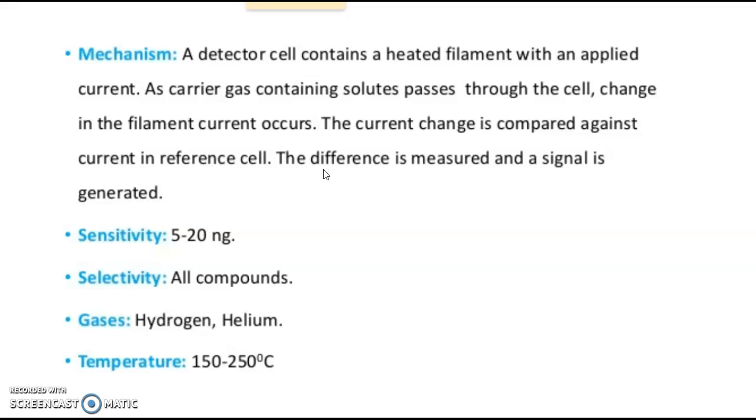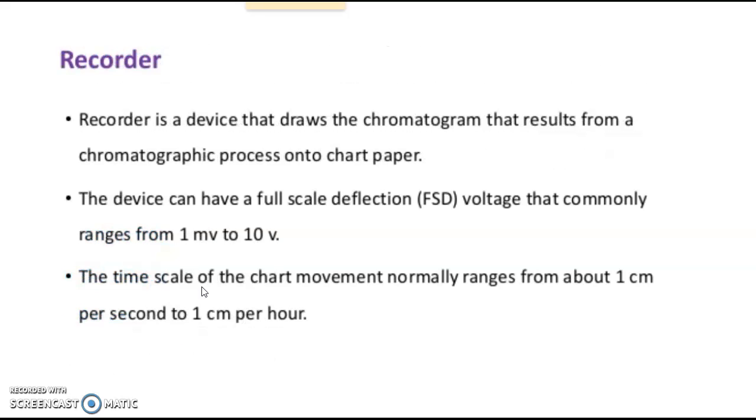So by referring to a standard, we are giving an actual result. This is the sensitivity range and the selectivity, gases, and temperatures used. Next one is the recorder. The recorder is a device that draws the chromatogram, which gives the results, and they are recorded.